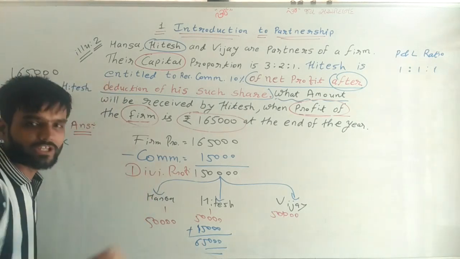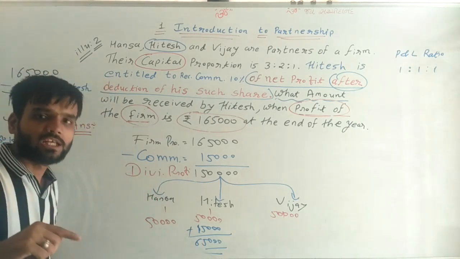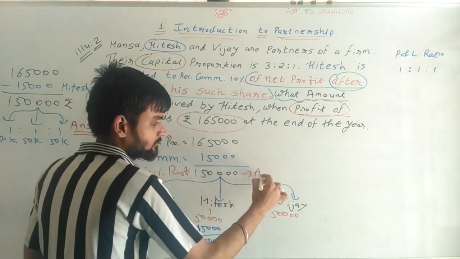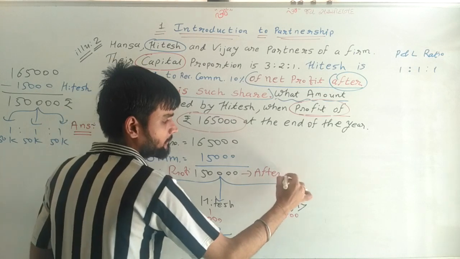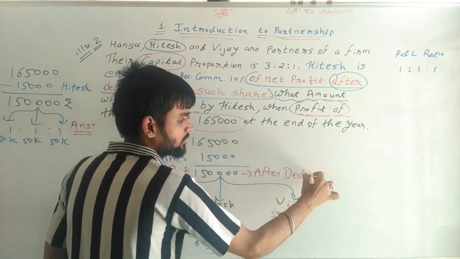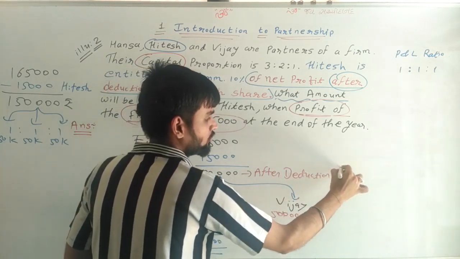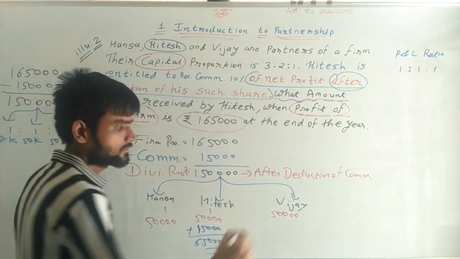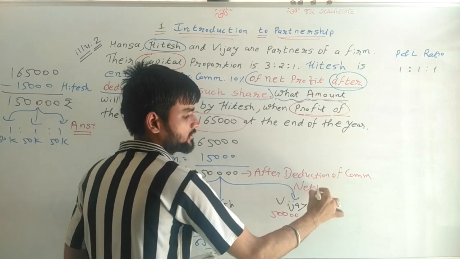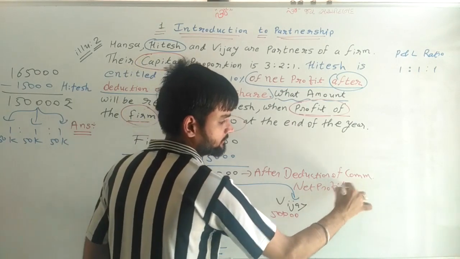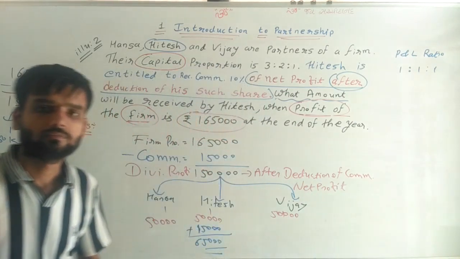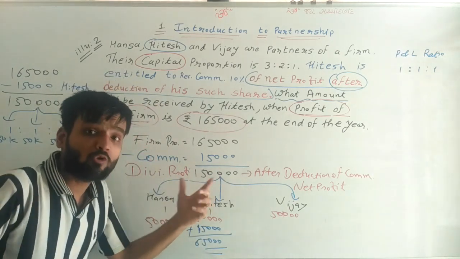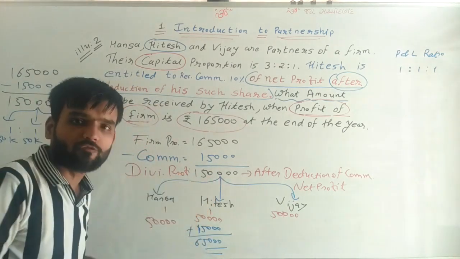Now this divisible profit is also called net profit after deduction of commission, because how have we found this divisible profit?